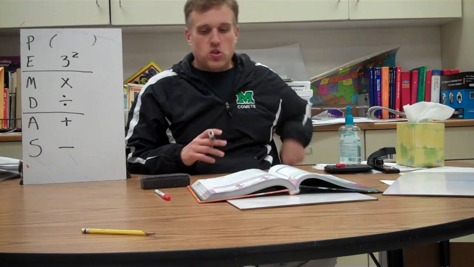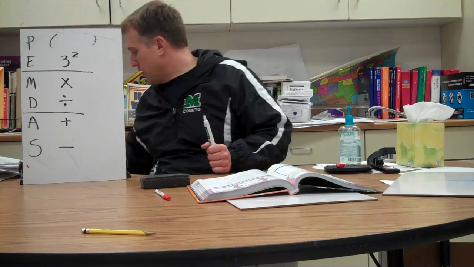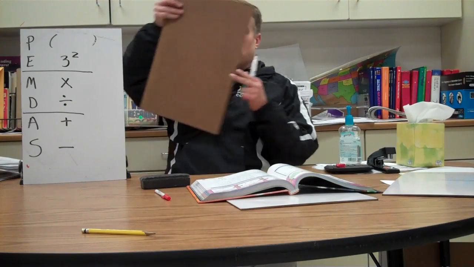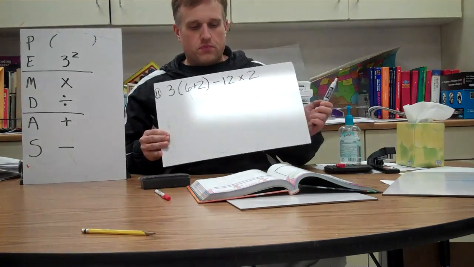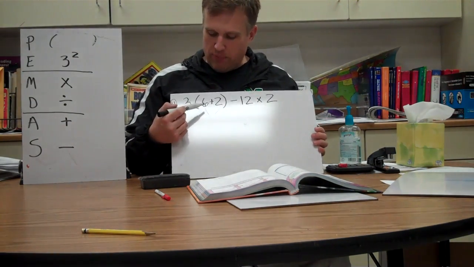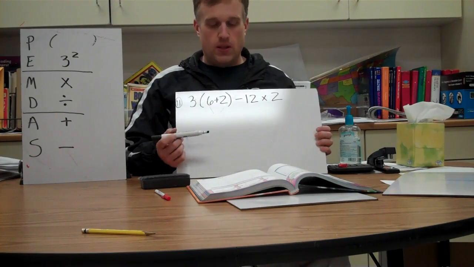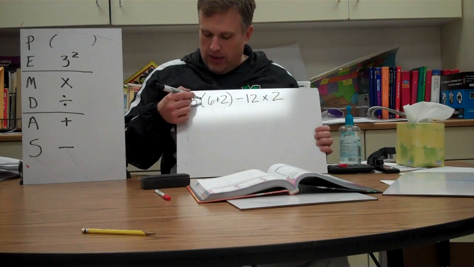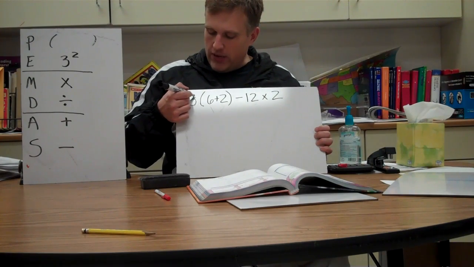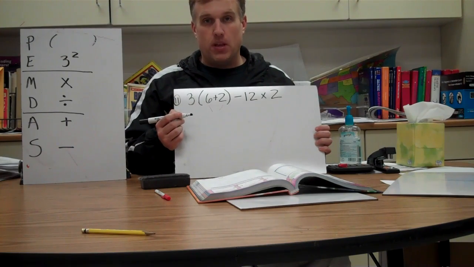Now I'm going to jump down to number 11. So you still have to do number 10, but I will do number 11 with you because it's a little different. In this problem, you have 3, and then you have parentheses 6 plus 2 minus 12 times 2. So what you have to remember here is when you have a number right next to a parentheses, that means you're going to multiply.